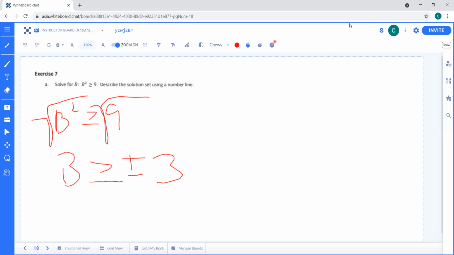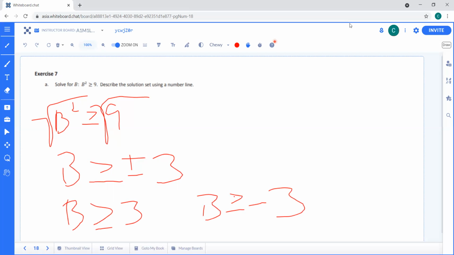It's got to be plus or minus. So how are we going to solve this? We would say B is greater than or equal to 3, or greater than or equal to negative 3.